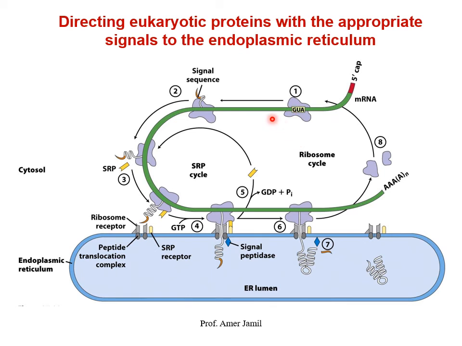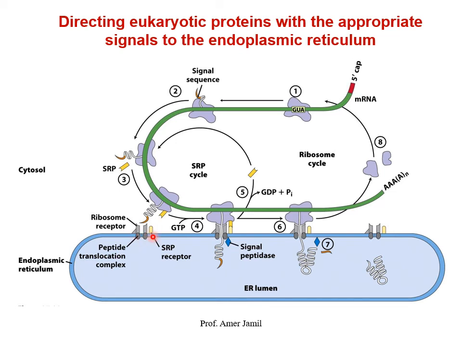So this is messenger RNA. The ribosome starts translation, and this is a signal sequence that comes out. Then there is an SRP, the signal recognition particle, that attaches at this place on the ribosome, and there is a receptor for SRP on the endoplasmic reticulum and a receptor for the ribosome also present here.